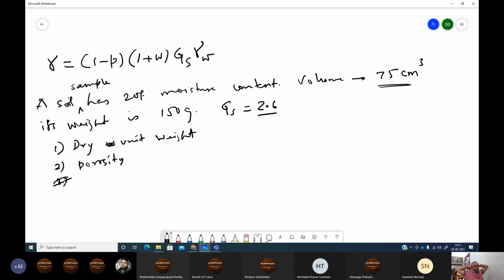We have a soil sample, and that soil sample has 20% moisture content. The volume of the sample is 75 centimeter cube and its weight is 150 gram. GS, that means the grain density, is given 2.6. You have to find out dry unit weight, gamma D, and the porosity.